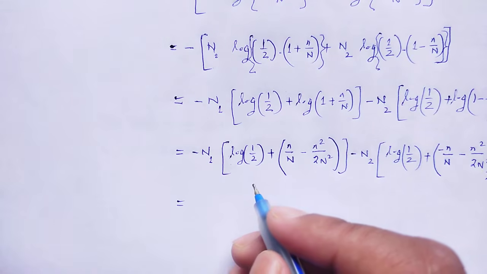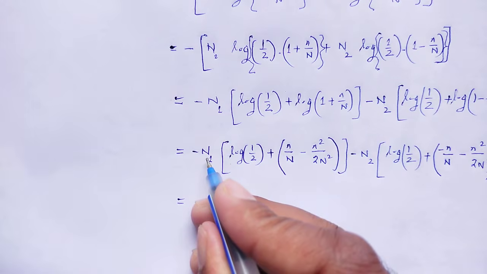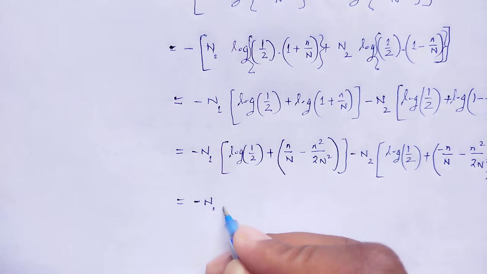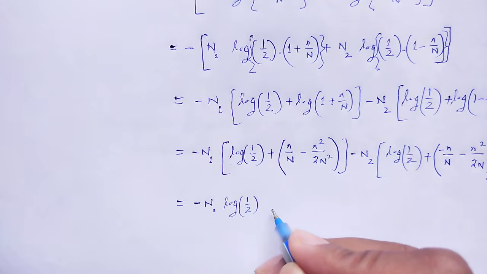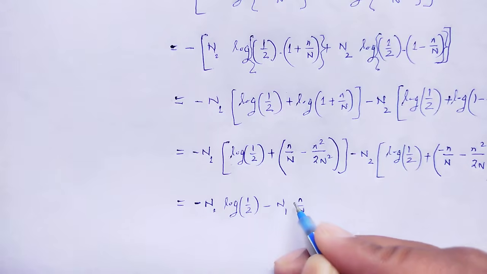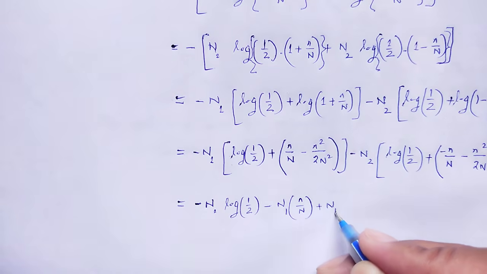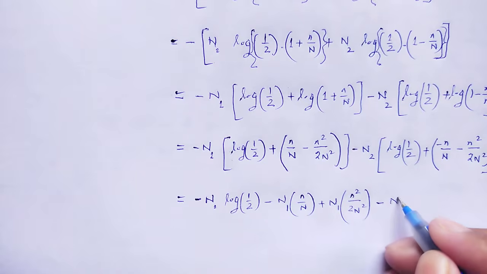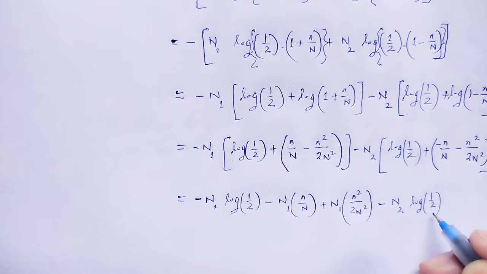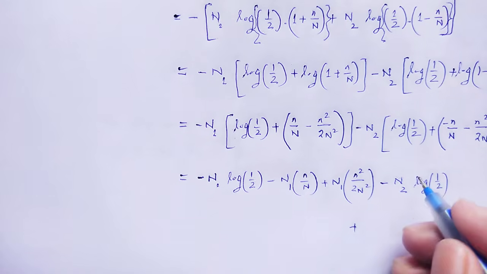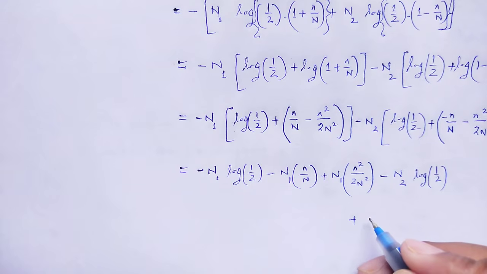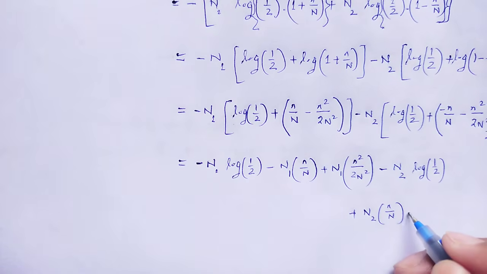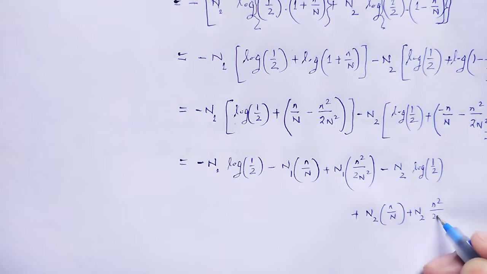Is equal to, that n1 is multiplied within that bracket: minus n1 log half, minus n1 n by n, minus minus plus n1 n square divided by 2n square, minus n2 log half, plus, minus minus plus, n2 whole into n by n, minus minus plus n2 whole into n square divided by 2n square.